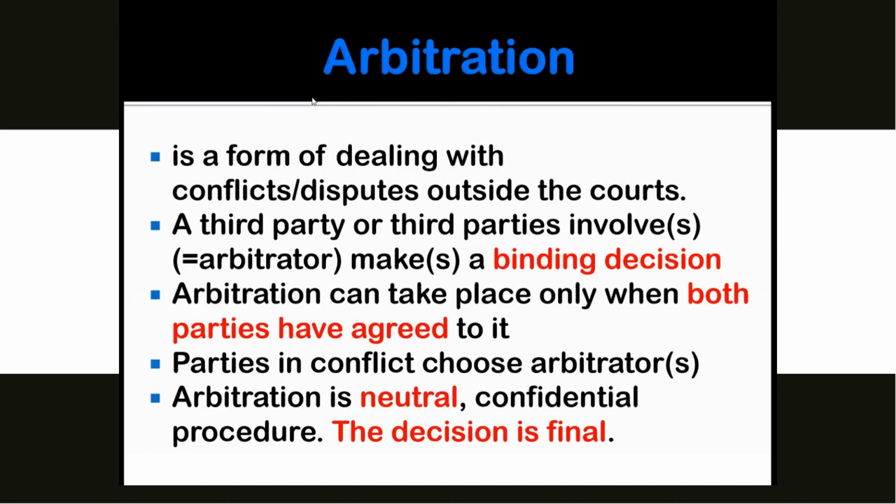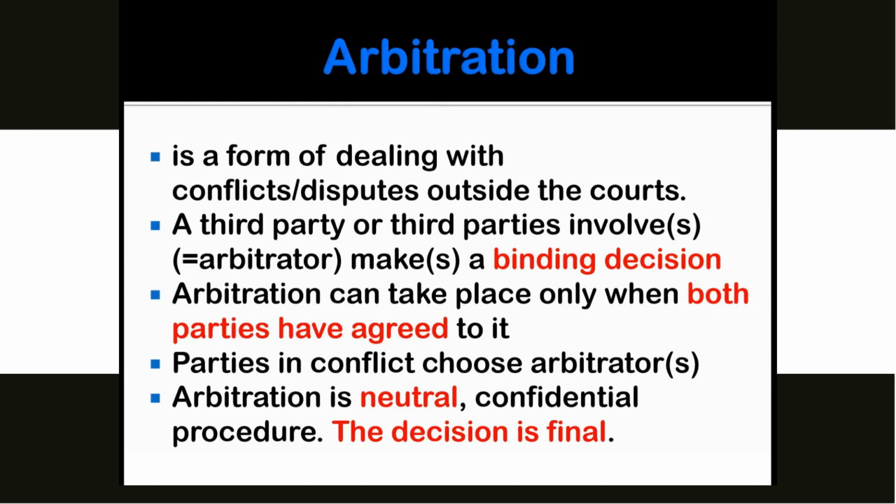Arbitration is a form of dealing with conflict disputes outside the court, but a third party or third parties are involved to make a binding decision. So before the parties in conflict enter into arbitration, they must agree on who will do the arbitration.